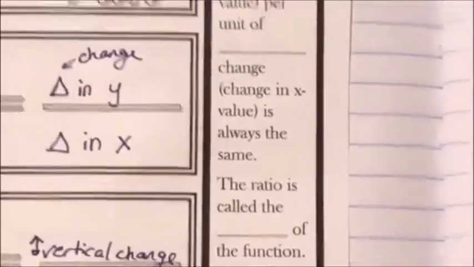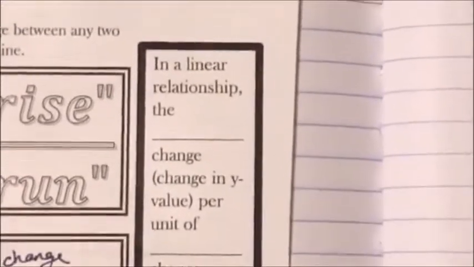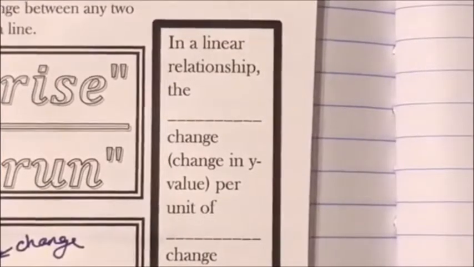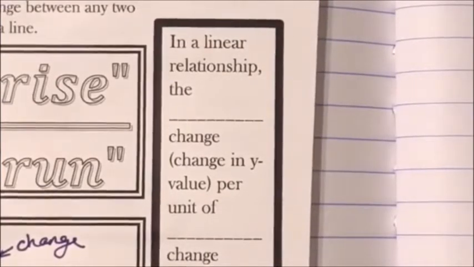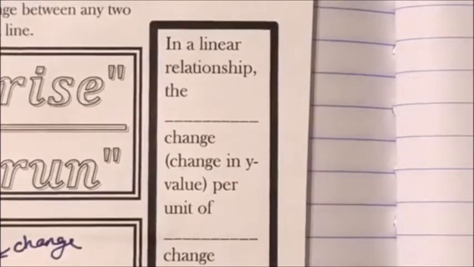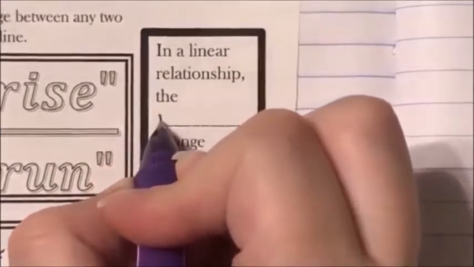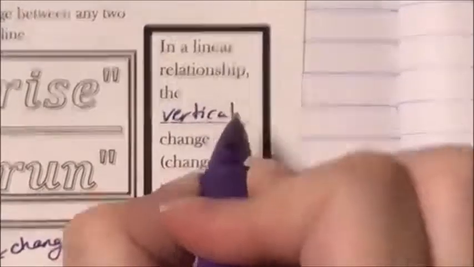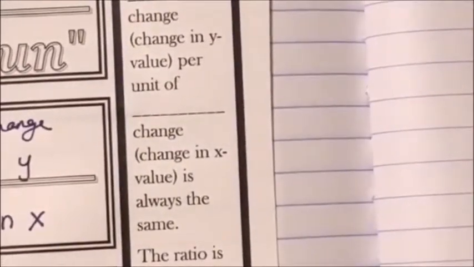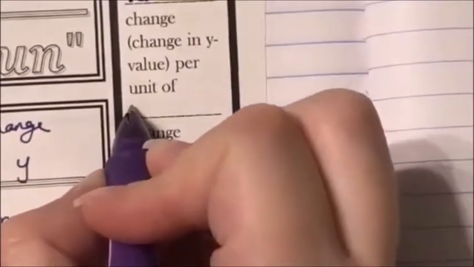So over on the left-hand side, we have in a linear relationship, the blank change in y value per unit. Okay, so in that first blank, you're going to write vertical. So in a linear relationship, the vertical change, or the change in y per unit of blank change in x value is always the same. In that one you're going to write horizontal.